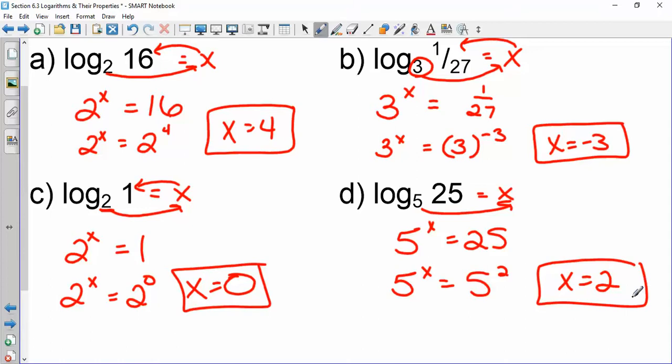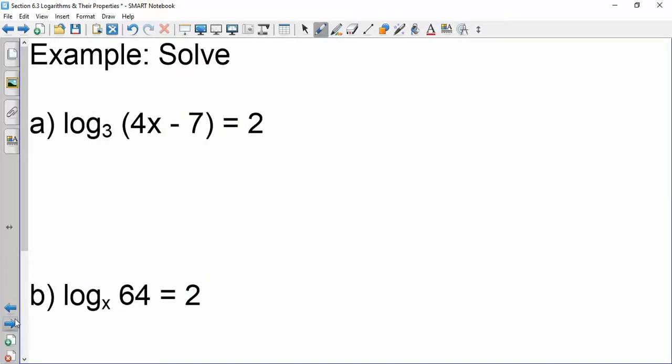All right, let's just keep solving equations with logs in them. So log base 3 of 4x minus 7 equals 2. This is one that we probably can't just look at and write down the answer. But we can change it to exponential form. So my base is 3.